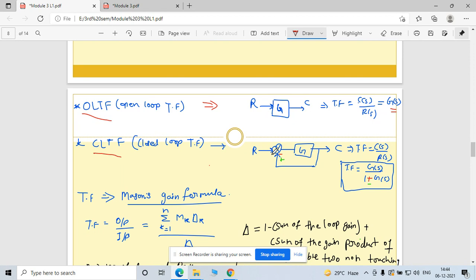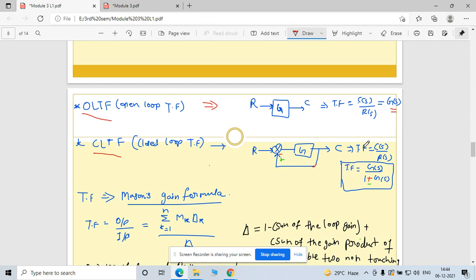So according to that your response gets changed, and your output also changes. So this is more sensitive, and any disturbance occurring in your system is also fed back to the response, right? So in that condition also this works more efficiently, right?